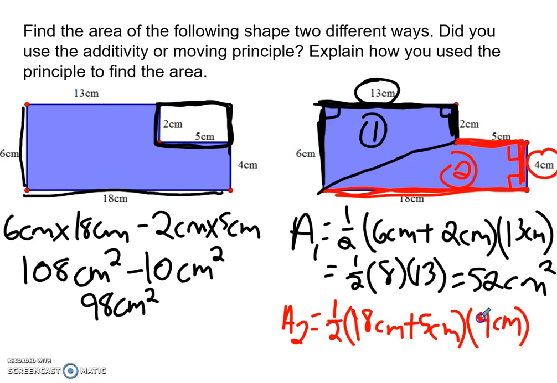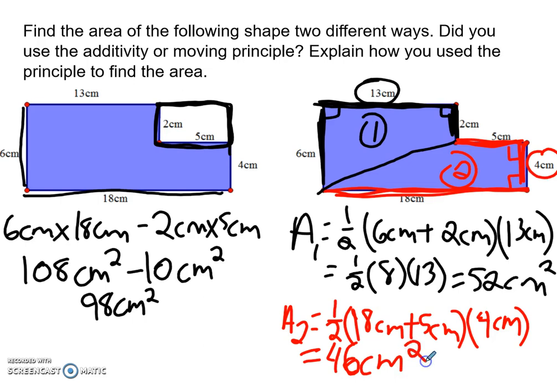Now, when I add 18 plus 5, that gives me 23. Kind of hard to take the half, but remember that multiplication is commutative, so I know that I could do 23, and then I could take 1/2 times 4, and that's 2, and then this will give me 23 times 2, which is 46 square centimeters.